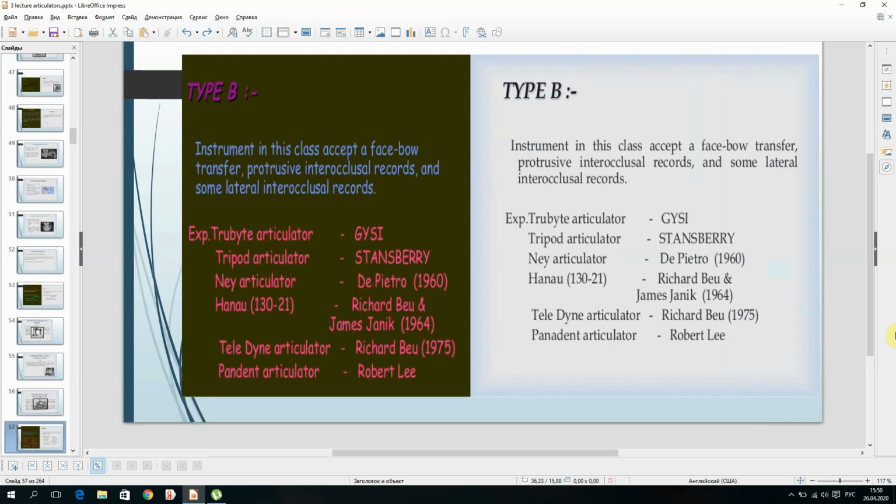Type B. Instruments in this class accept a face bow transfer, protrusive interocclusal records, and some lateral interocclusal records.